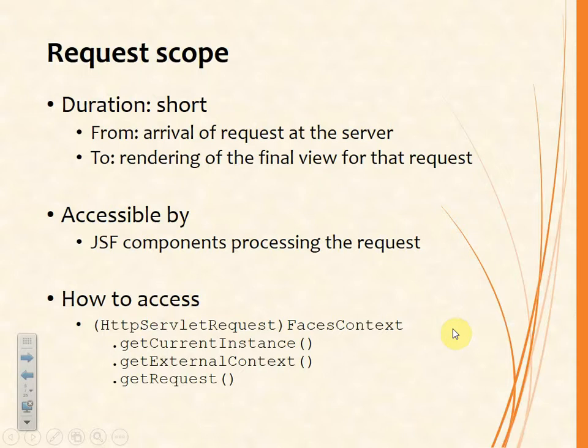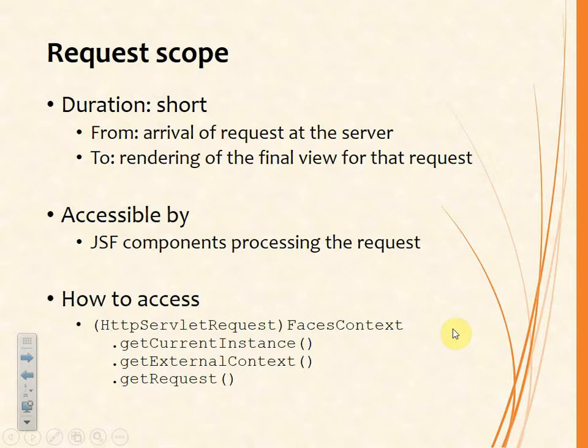It is accessible by any JSF component that is processing that request. So it might be that the request is sent to a Java Server Faces bean, a managed bean, and then from a bean off to something else. Well, whatever components are processing that request object have access to it.